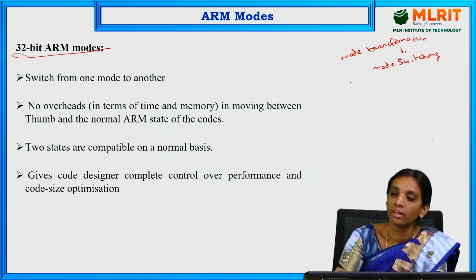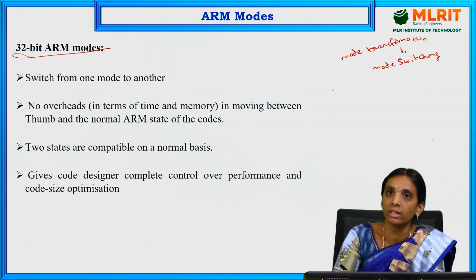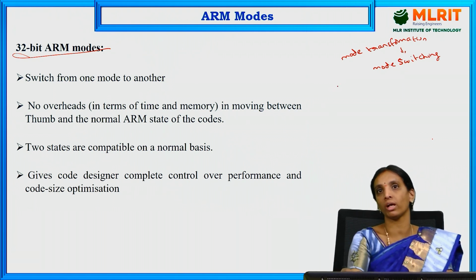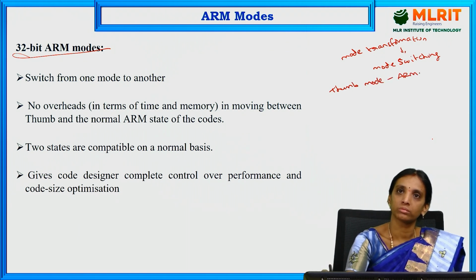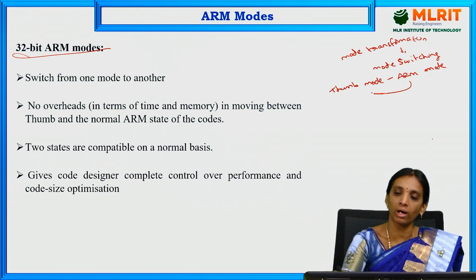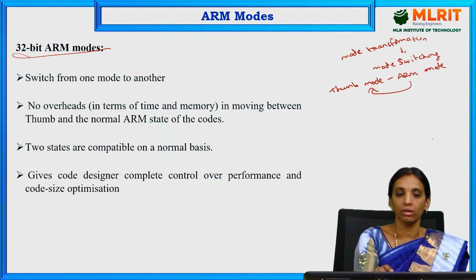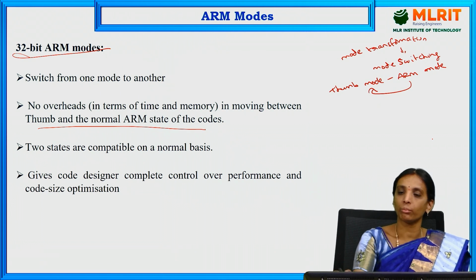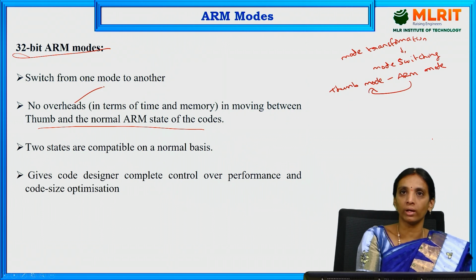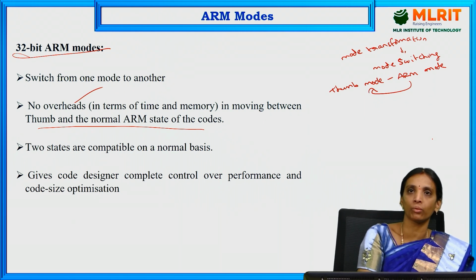Depending on the instruction or the data we have used in that processor, it can be shifted from thumb mode to ARM mode or from ARM mode to thumb mode. Here no overheads are required in moving from thumb to normal ARM state or from ARM to thumb. That means no time is wasted and no memory is wasted. We can simply switch from ARM mode to thumb mode and from thumb mode to ARM mode.